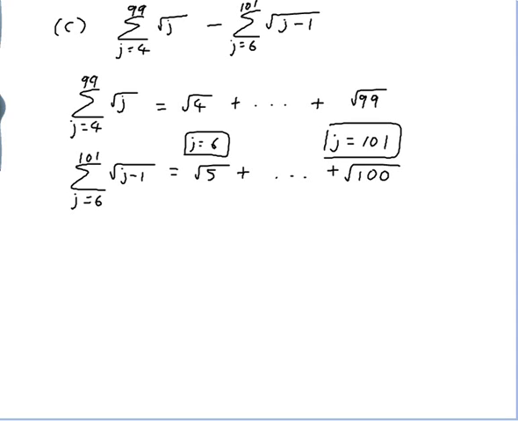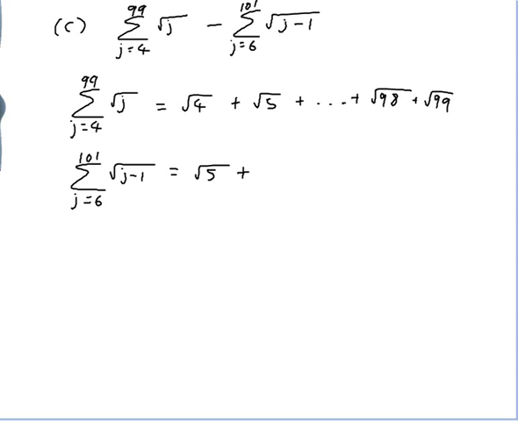So I've got root 4 and root 5 would be the next one, plus root 5 plus, up to root 98 plus root 99. Okay, that's what that one is. And let me just make this next one a bit more expanded. So this one will go root 5 plus root 6 plus blah blah blah plus root 99 plus root 100.